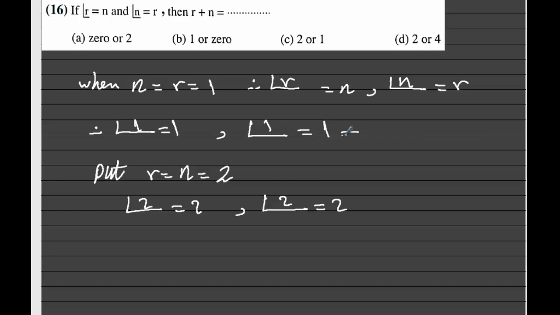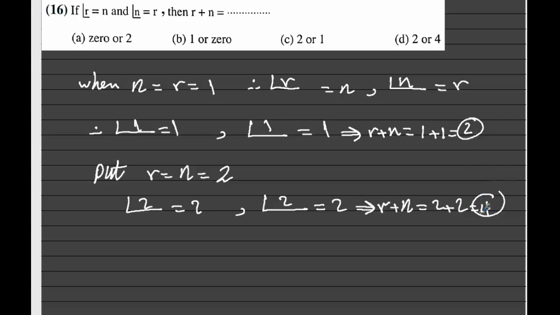In the first case, the sum r plus n equals 1 plus 1 equals 2. And in this case, r plus n equals 2 plus 2, which equals 4. So here are the two solutions, 2 and 4. So r plus n equals 2 or 4, and we choose letter D.